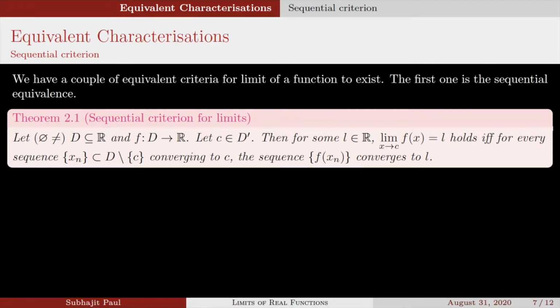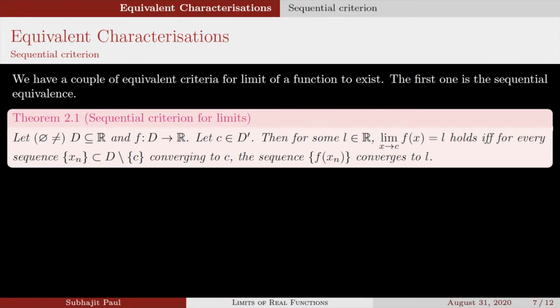Now here the criteria starts. For every sequence xn from D minus C, we do not want C. C is a sort of banned point for us. So xn is a sequence from the domain without the point of limit.